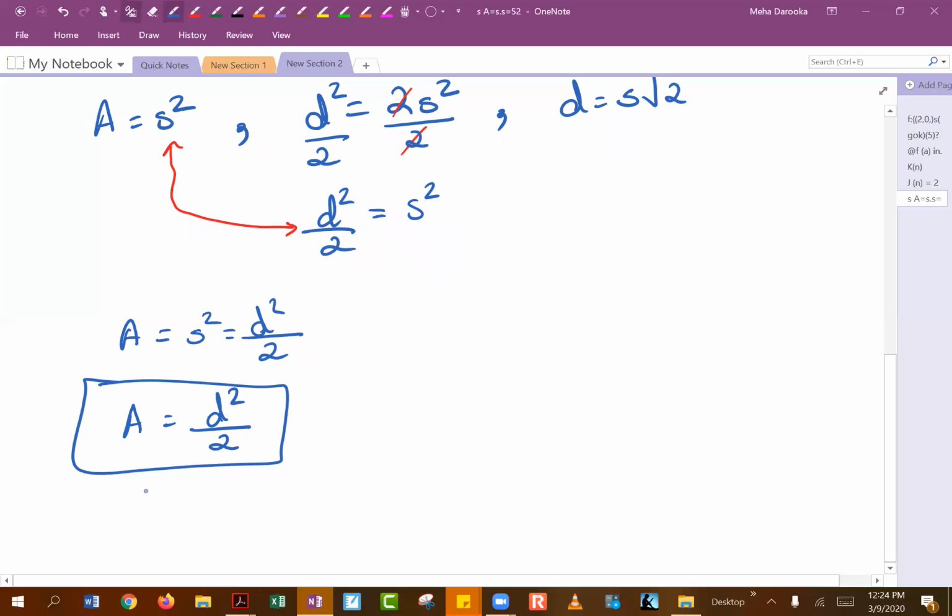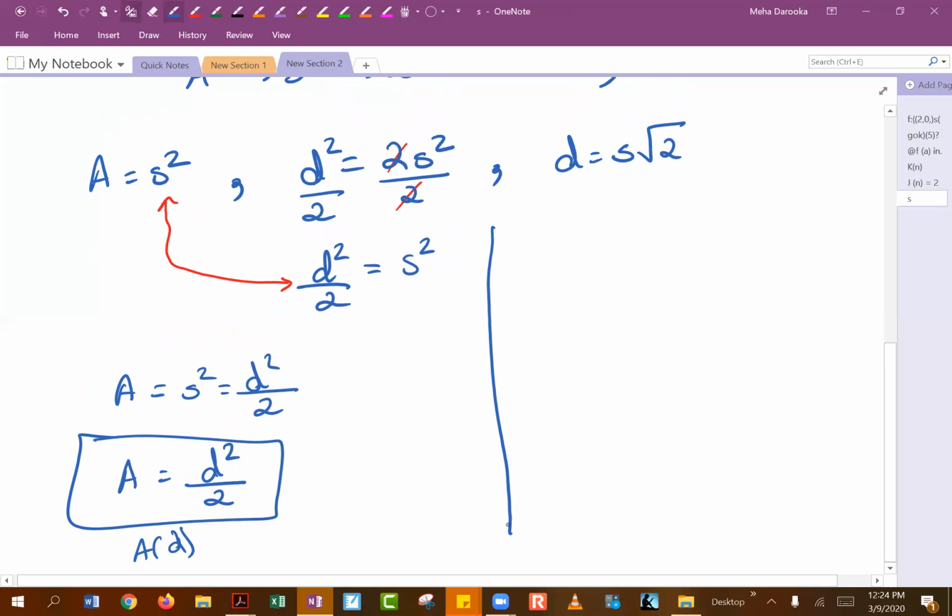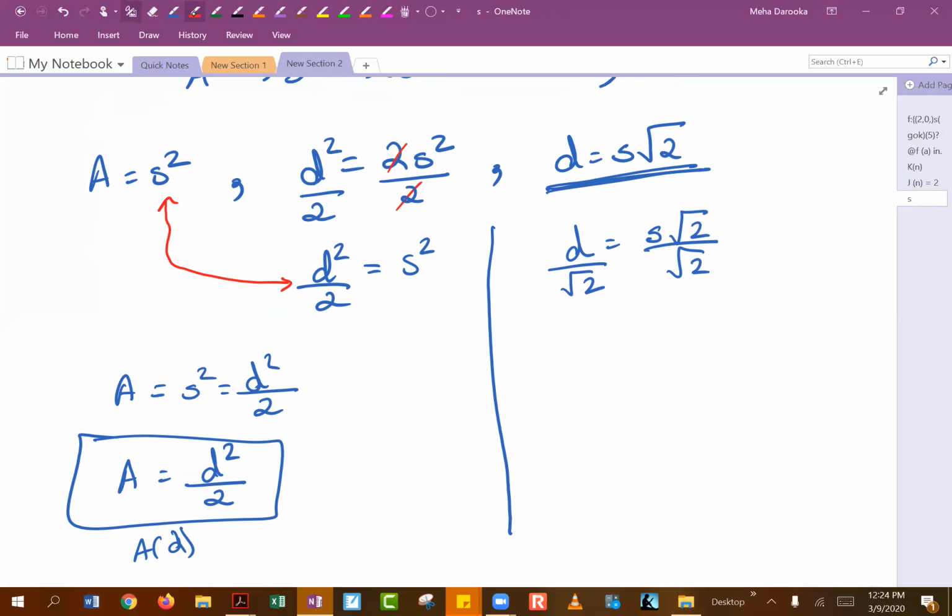A as a function of d, because what is it using as its variable now? The diagonal, not the side. That's the answer. If you go with this formula here, it's actually going to get you to the same result. But we would basically be undoing what we just did.